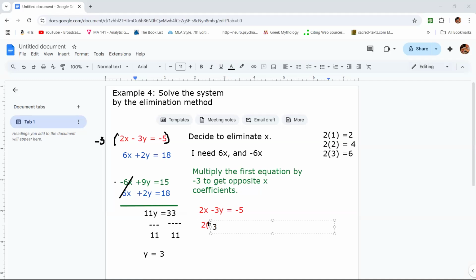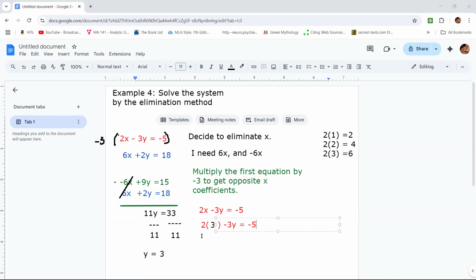So I put my 3 from the last problem that we did. So now, this becomes minus 3y equals -5.